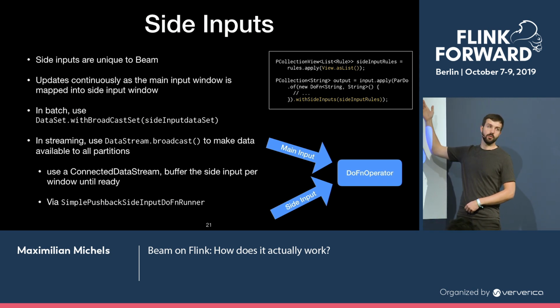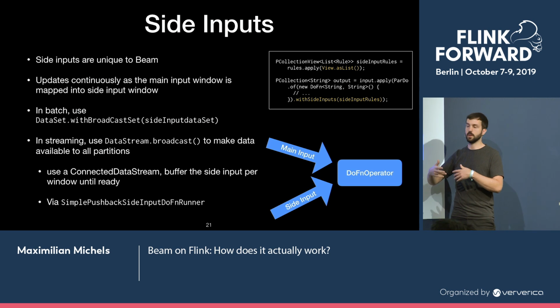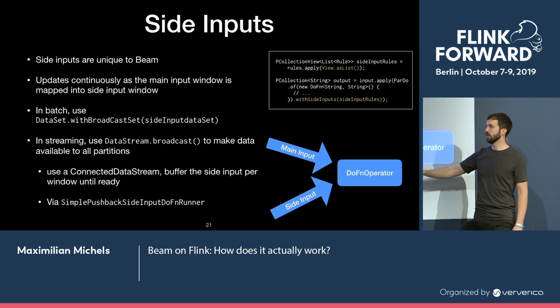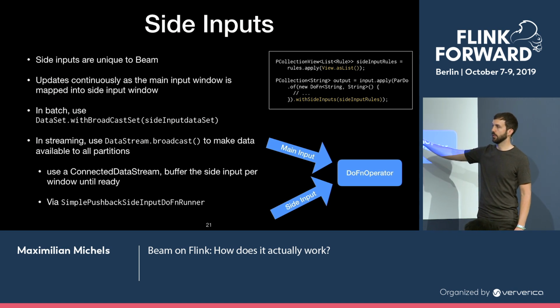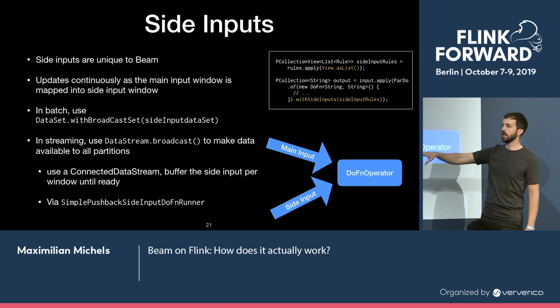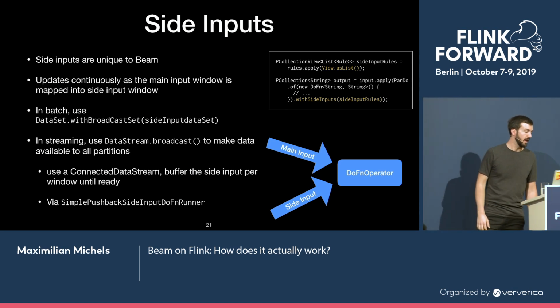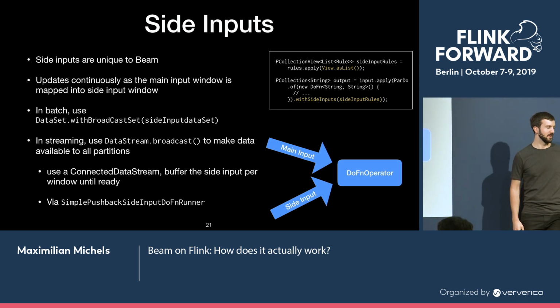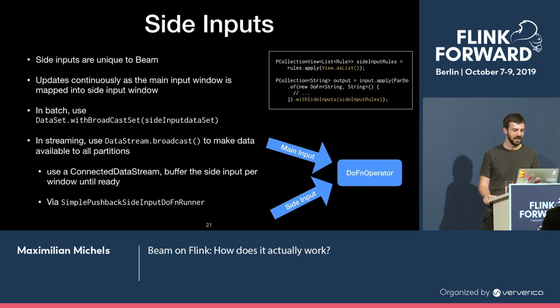Then you have to make sure those rules are materialized before you actually start processing. So the DoFn operator here has to wait to actually process the main input. And that's also realized with a special DoFn runner, like I mentioned on the previous slide, called the simple pushback side input DoFn runner. The names get longer and longer.